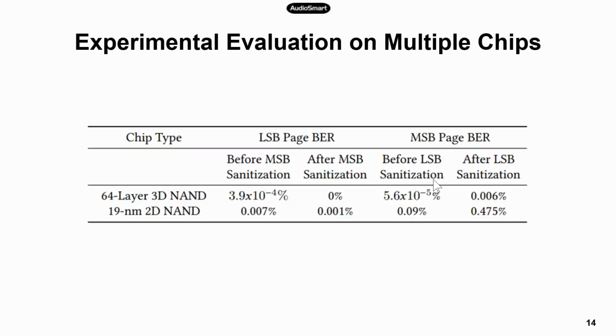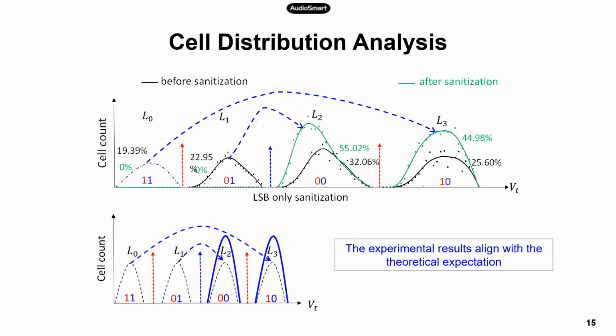We also did more experimental evaluation on multiple flash chips. We did experiments on 64-layer 3D NANDs and 19 nanometer 2D NANDs. The top distribution is the experimentally measured distribution, and the bottom distribution is our theoretical expectation distribution.